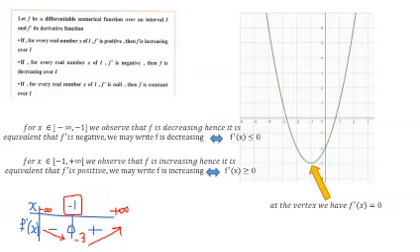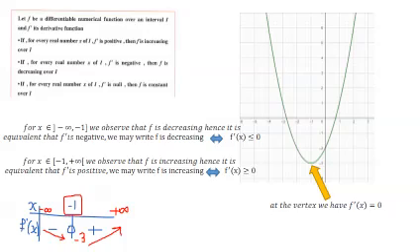So we say that f is decreasing from minus infinity to minus 1. For (minus infinity, minus 1), we observe that f is decreasing, then the derivative is negative. So if I have a figure, I can tell if the derivative is negative or positive, and if I have the derivative, I can tell that the function is decreasing or increasing.